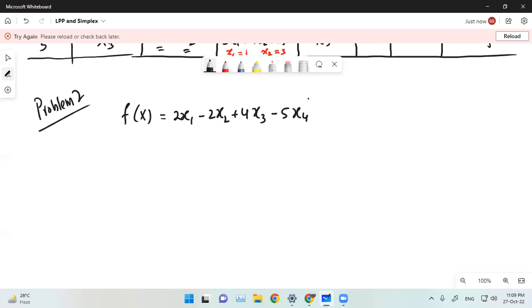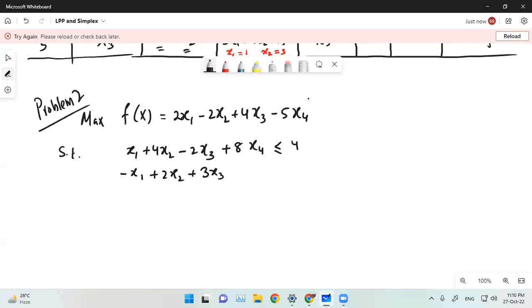This is also a maximization problem, so maximize the function and subject it to x1 plus 4x2 minus 2x3 plus 8x4 smaller than or equal to 4, and minus x1 plus 2x2 plus 3x3 plus 4x4 smaller than or equal to 1.